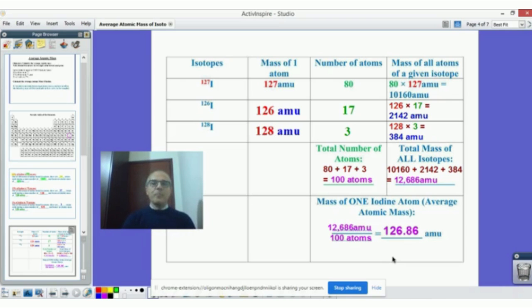126.86 AMU. So as you can see, this is an organized table that will show the students how to calculate the average atomic mass and understand how the steps are done.